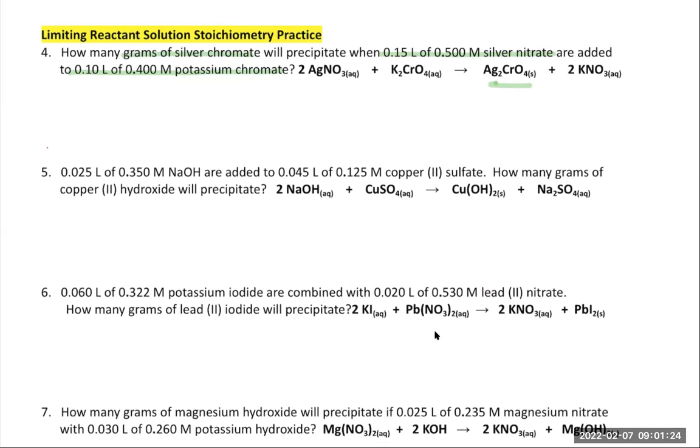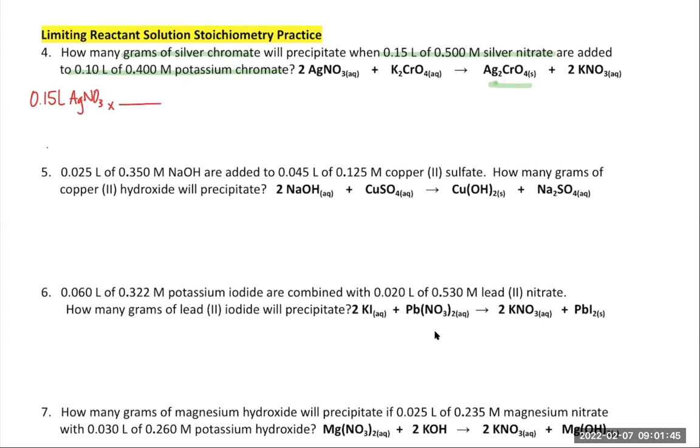So let's start with our silver nitrate. It says we have 0.15 liters of that silver nitrate. I'm going to start with my volume because I'm going to use my molarity as a conversion factor as we did last week. Now, the other thing we know about the silver nitrate is its molarity.